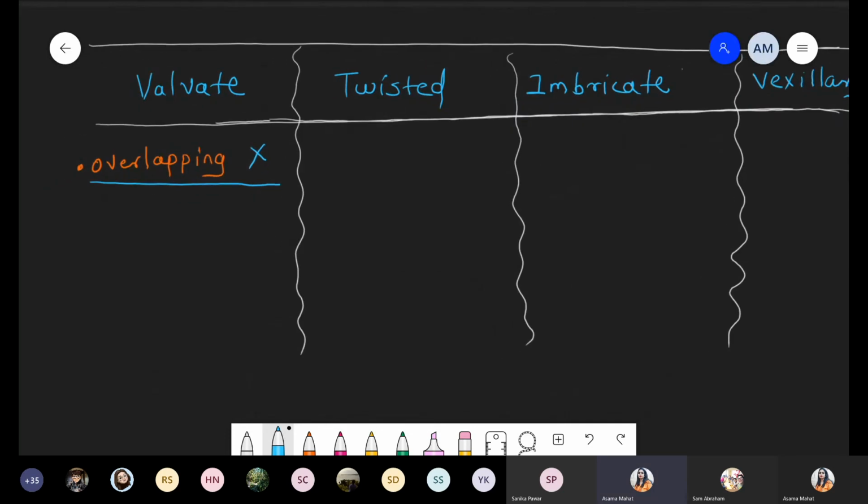Now, when we are talking about valvate estivation, we are talking about the floral bud. Okay, so for example, this is one circle. Inside this, points 1, 2, 3, and 4. So we have to draw the typical arrangement of sepal and the petal. So for example, this is one sepal or petal.